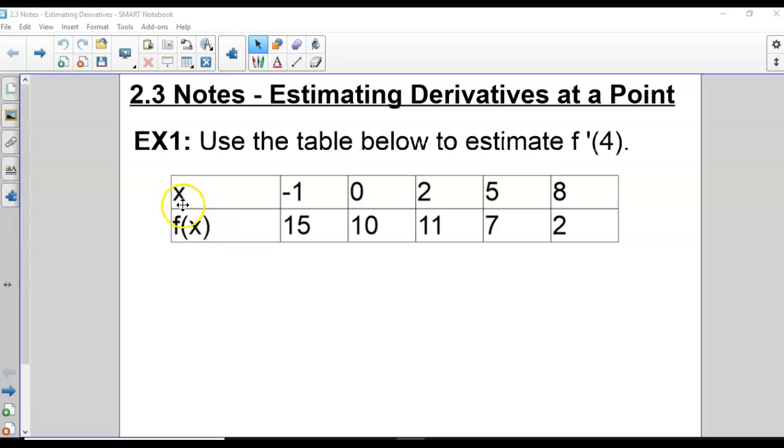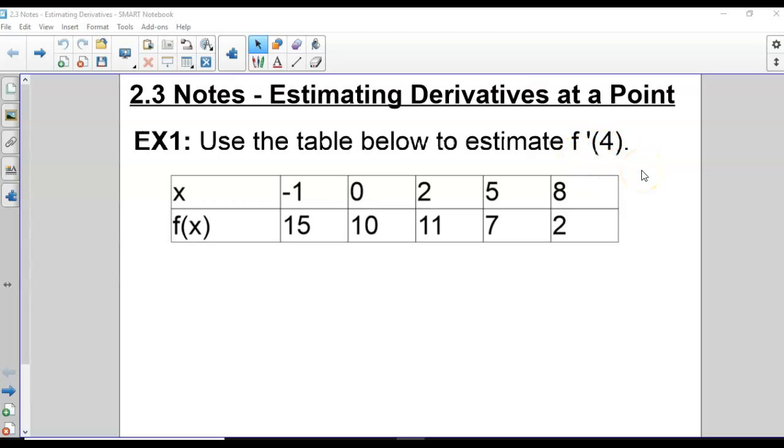This table gives us the values for f, not f prime. So what we need is the slope of f at 4, but just given these points, you can't tell what the slope of f at 4 is. So we can't actually find this value.